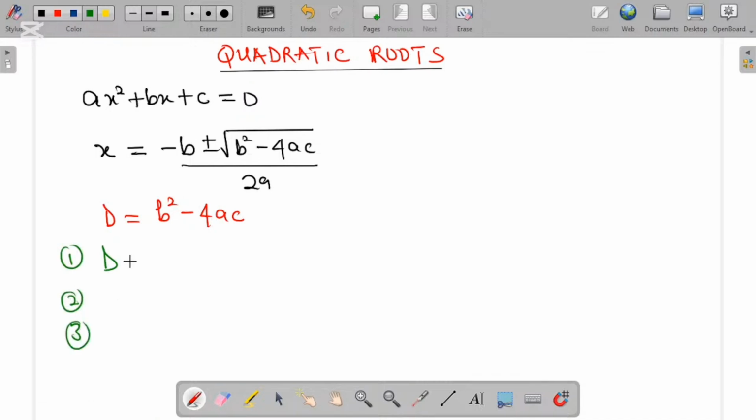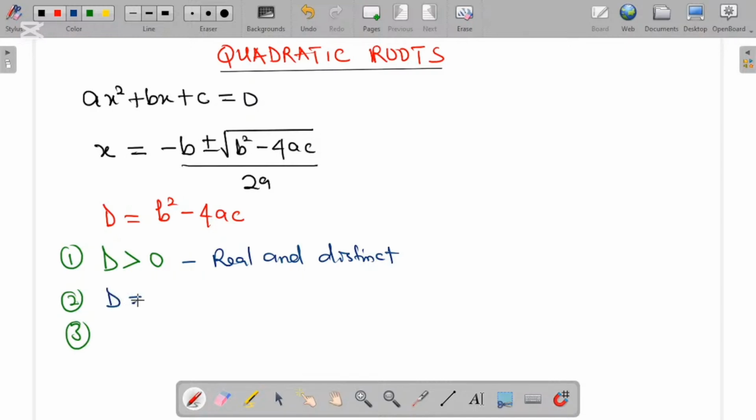For an equation where the d is positive, greater than 0, you are going to have real and distinct roots. Distinct, like I said, means different. Real means it's going to be real numbers.